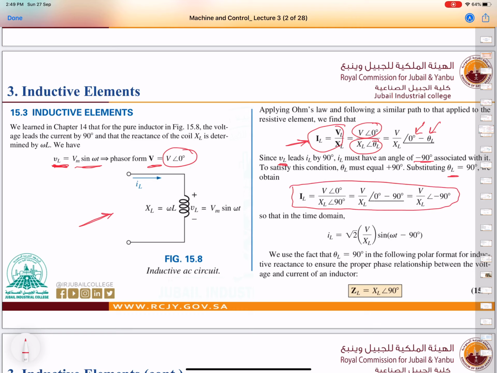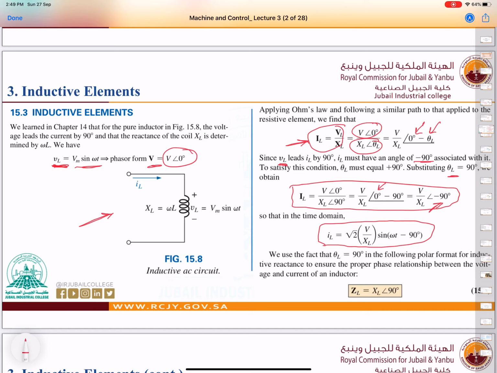So IL is equal to voltage with angle 0 over XL with angle 90, which is 0 minus 90, which is minus 90. This is just to show you how we find the minus 90. So the expression is this one. This is the expression of the current for the inductor.